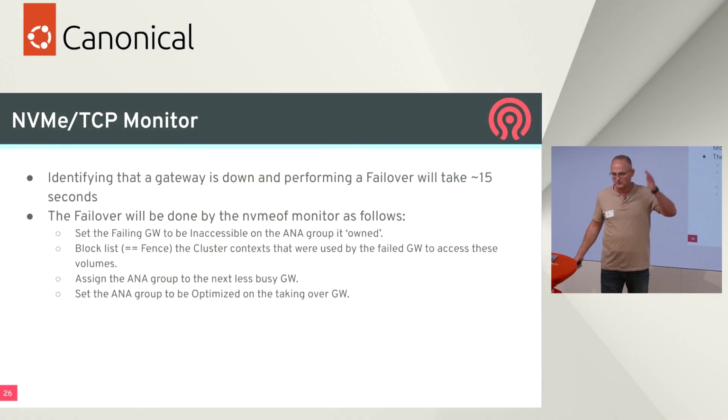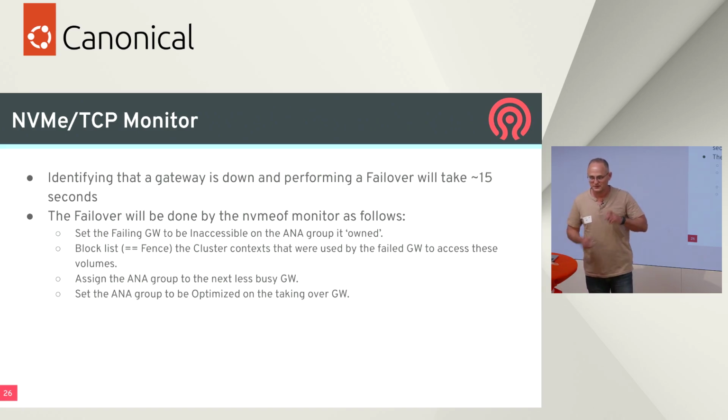We could have many ANA groups if it's a big cluster, so we choose the gateway with the least number of ANA groups right now which are optimized. And then we set the ANA group to be optimized on the taking over gateway. So this is at a very high level how we do the failover.